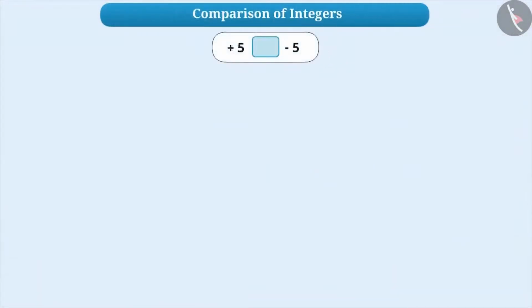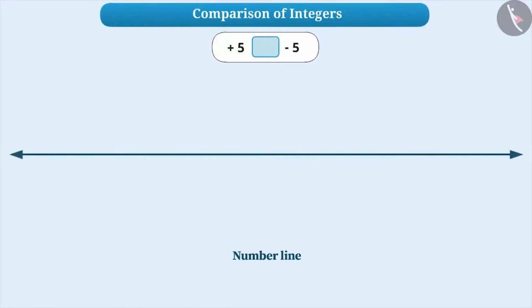The number line is a useful method to compare integers. Let's represent integers on a number line. First of all, draw a line and mark points at equidistance on it. Mark a central point as 0 on it.